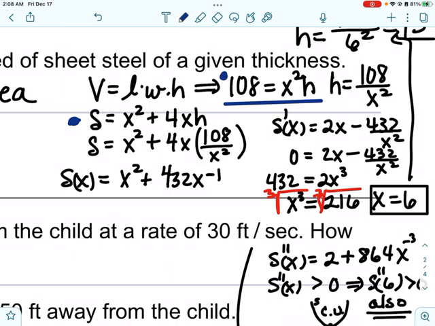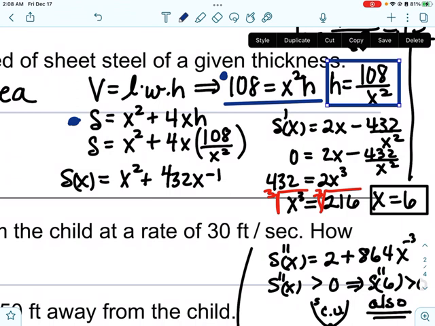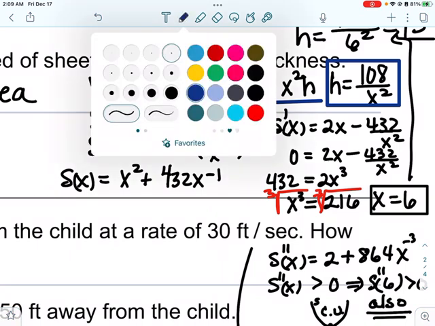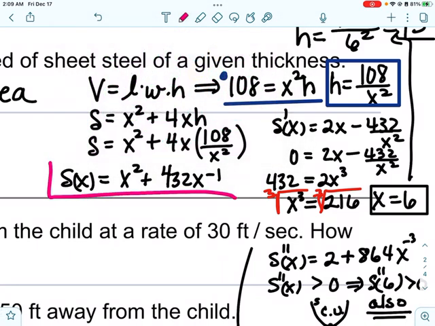So I'm going to take this expression for h and plug it into the surface area equation to get a surface area in just one variable, not two. Here it is right there. That'll be our surface area equation.